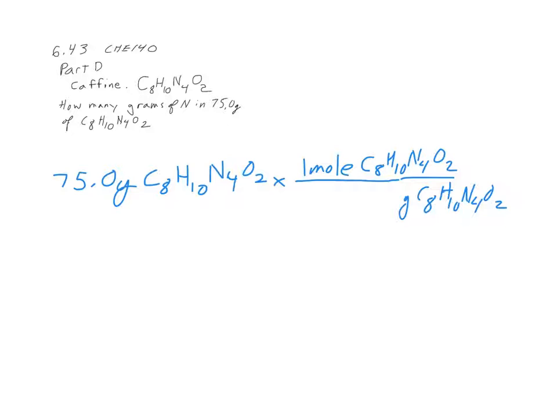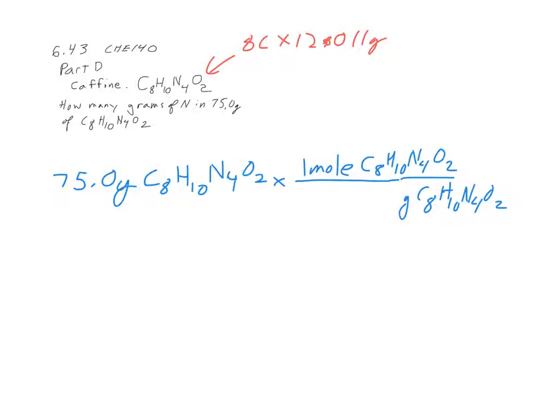So I'm running to the periodic table, calculating my molar mass of caffeine. Well, I've got 8 carbons, each at 12.011 grams.